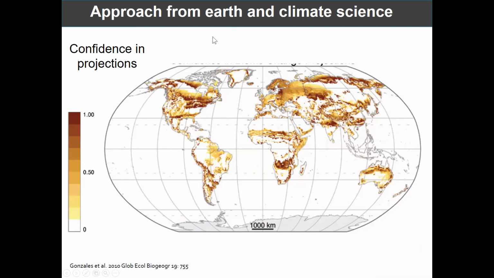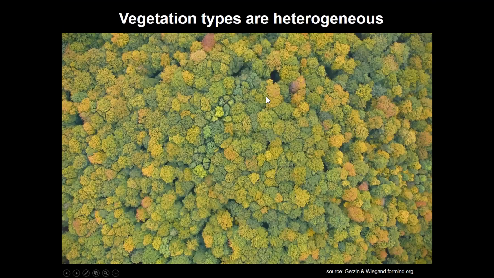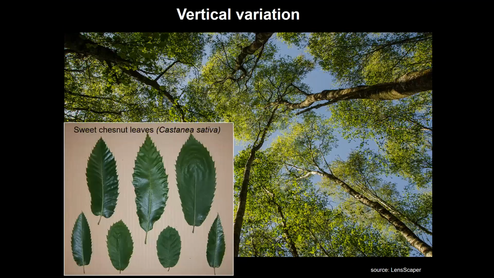And the reason for this high uncertainty is that climate scientists and earth system scientists are failing to incorporate different variation in vegetation. For example, these models fail to incorporate vegetation across heterogeneous landscapes. We know that vegetation types have horizontal variation, but there is also vertical variation that is important to account for.